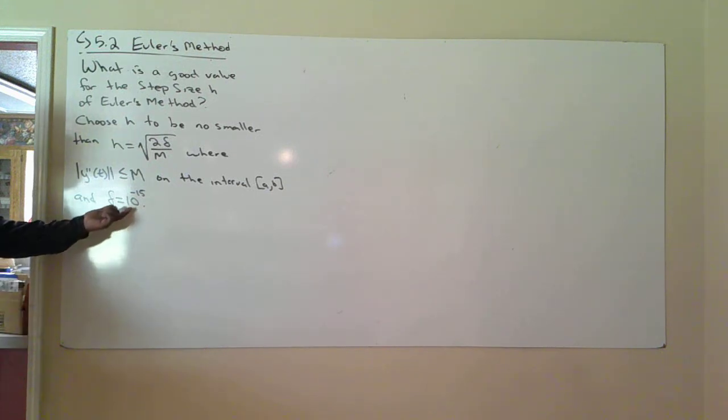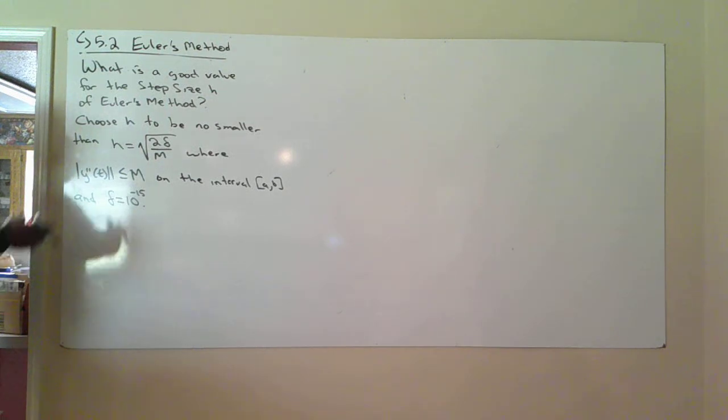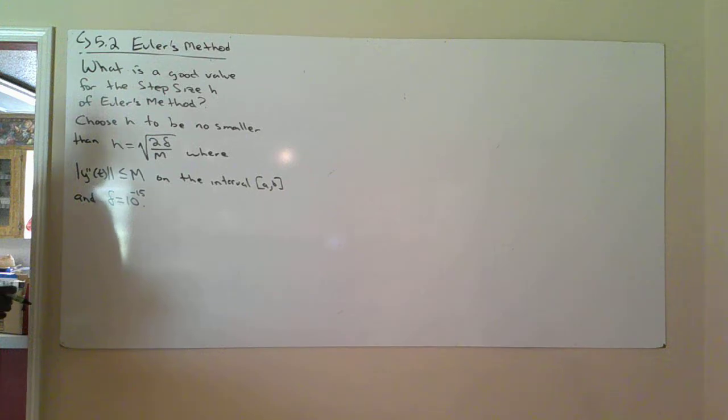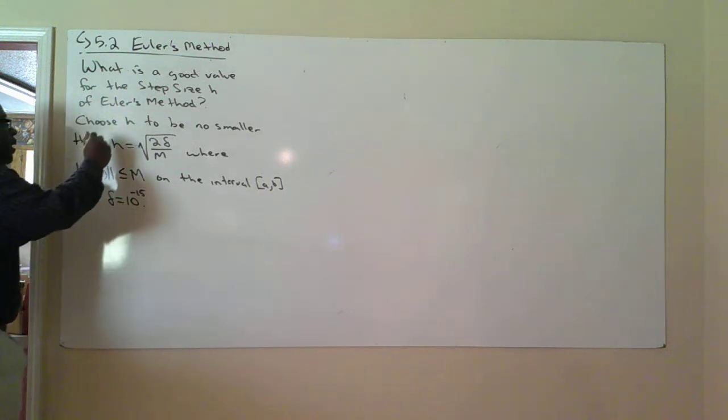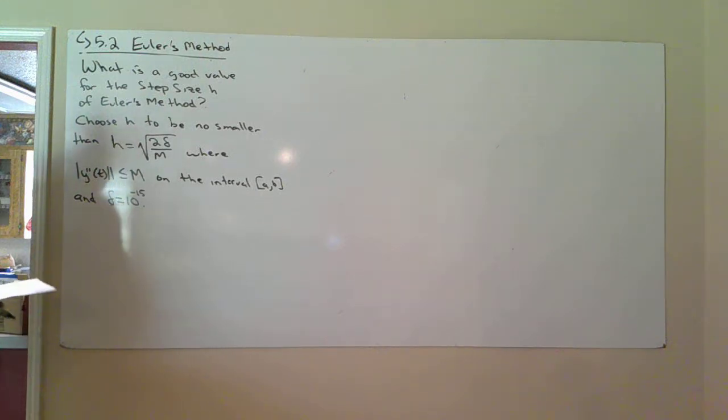So this is kind of the precision of your computer numbers. Anything smaller than this value of h will introduce round off error, and we want to avoid that. So we want our h to be no smaller than this.